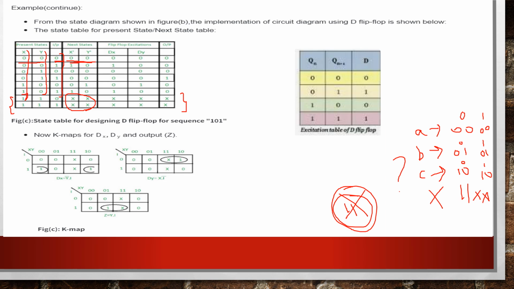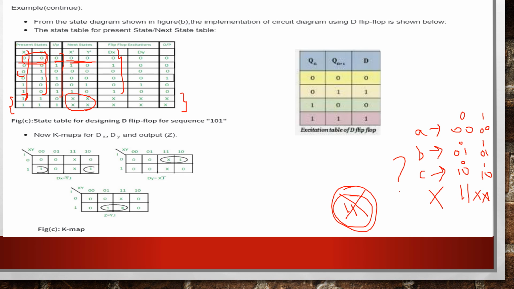So, here we have to find out the dx value. How are we going to find it? When the present state is 0, 0, that is dx. We are taking only the x value. Let's see for this example.